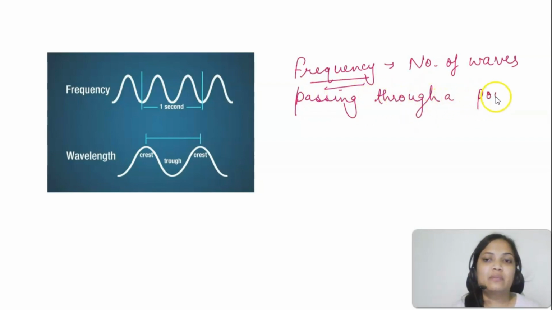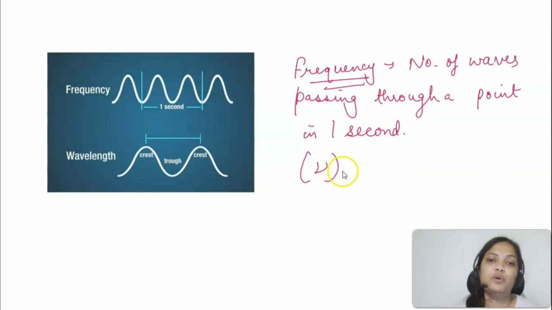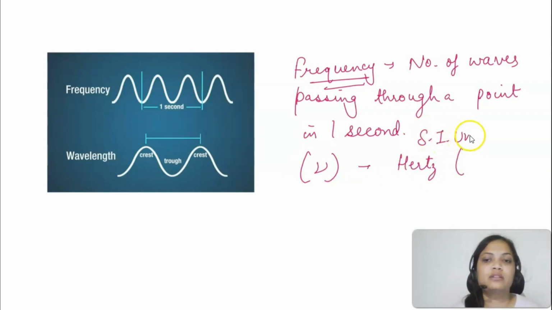How many waves are passing through that particular point in 1 second is known as the frequency of that wave. It is denoted by the symbol nu, and the SI unit is hertz. So how many waves pass through a point in 1 second is known as the frequency of the wave.